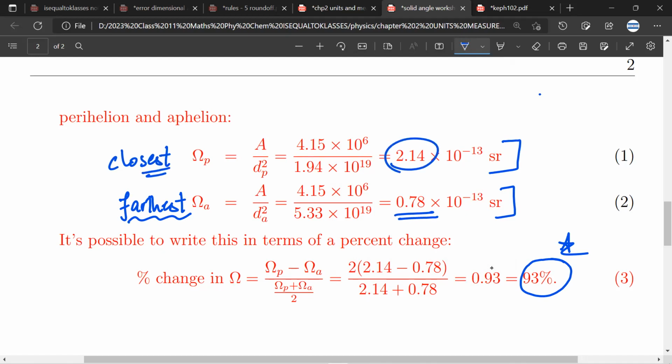Are we clear? Yeah. And there is almost 100% increase. What this implies is that almost the size of Pluto doubles. Are we clear? Yeah.